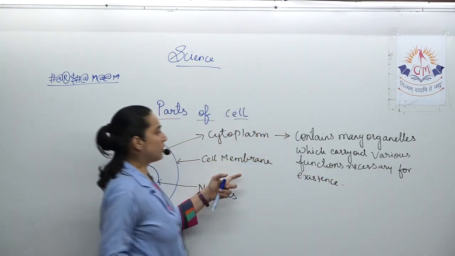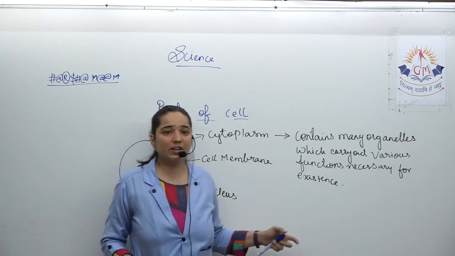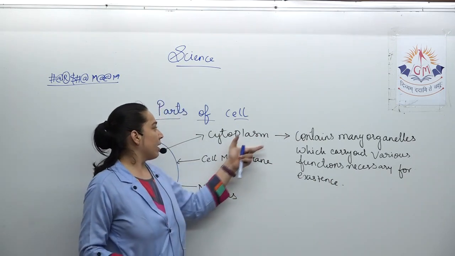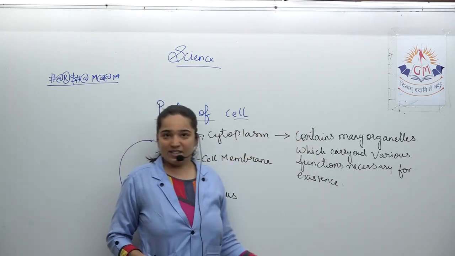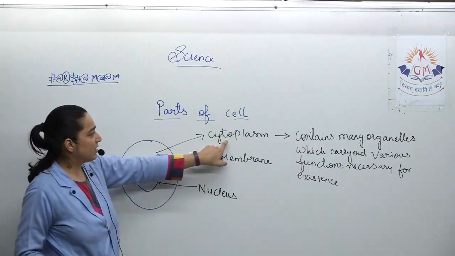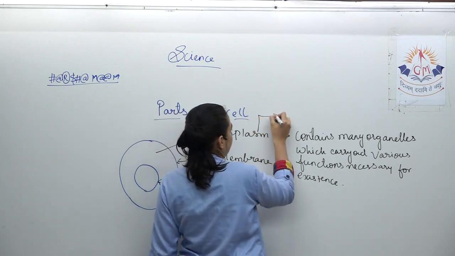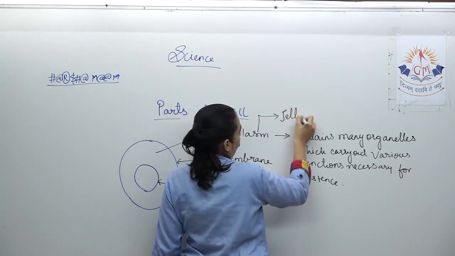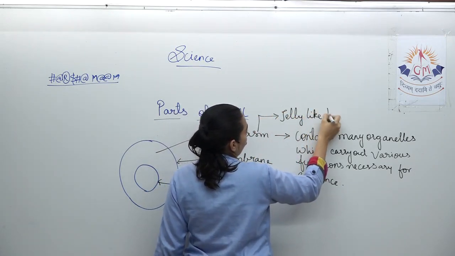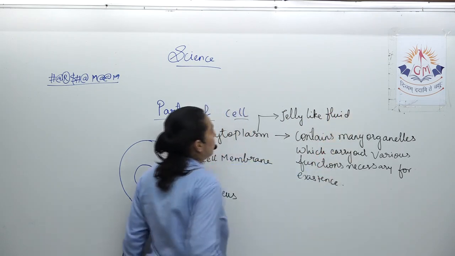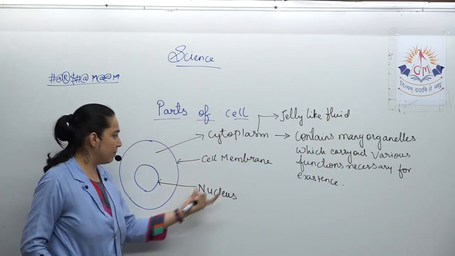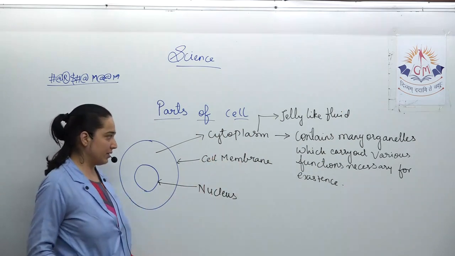Whatever things are necessary for existence, the organelles are there for them, and where are the organelles present? In the cytoplasm. Cytoplasm is a jelly-like substance. So, between the cell membrane and nucleus, we have this.